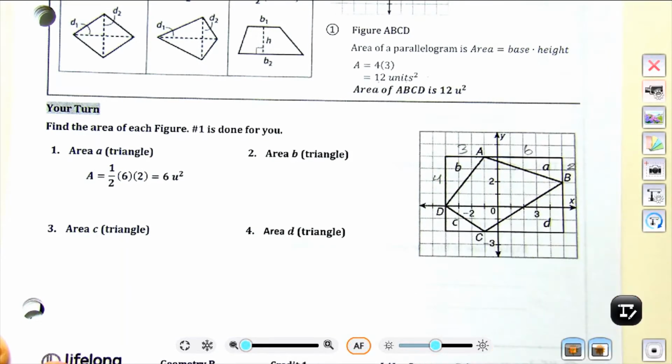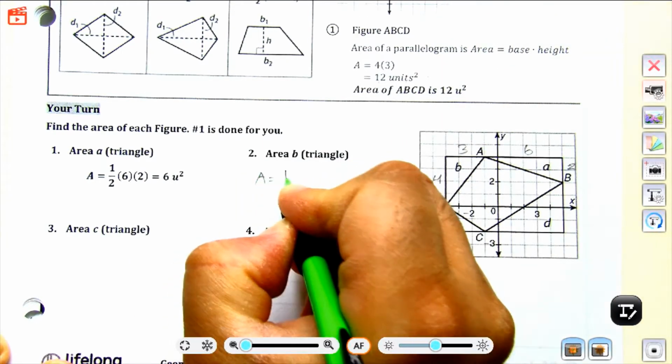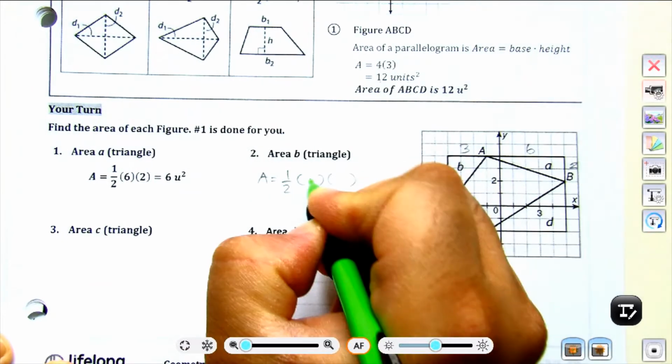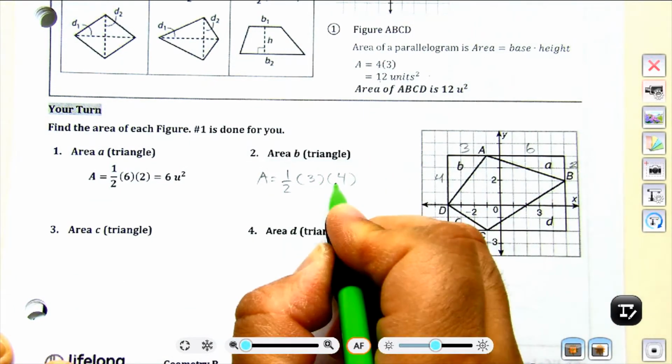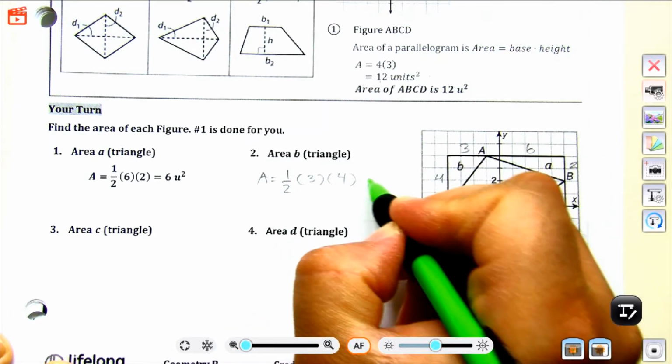So the area is equal to 1/2 times 3 times 4. 3 times 4 is 12, and half of 12 is 6. So this is also 6 units squared.